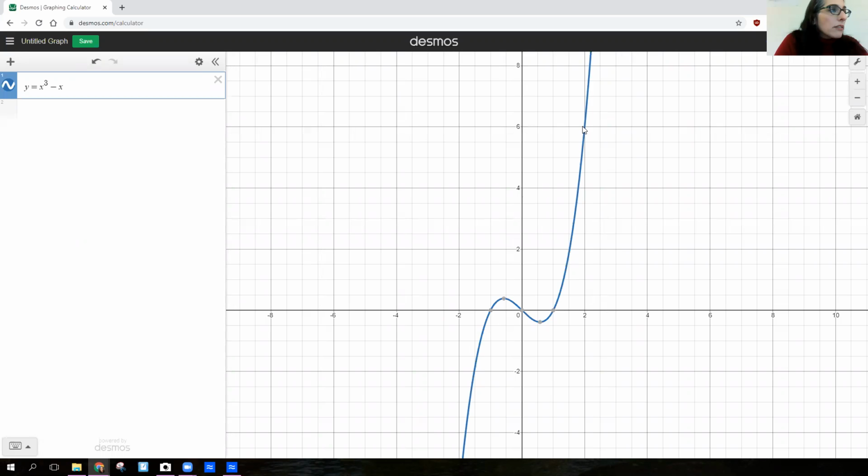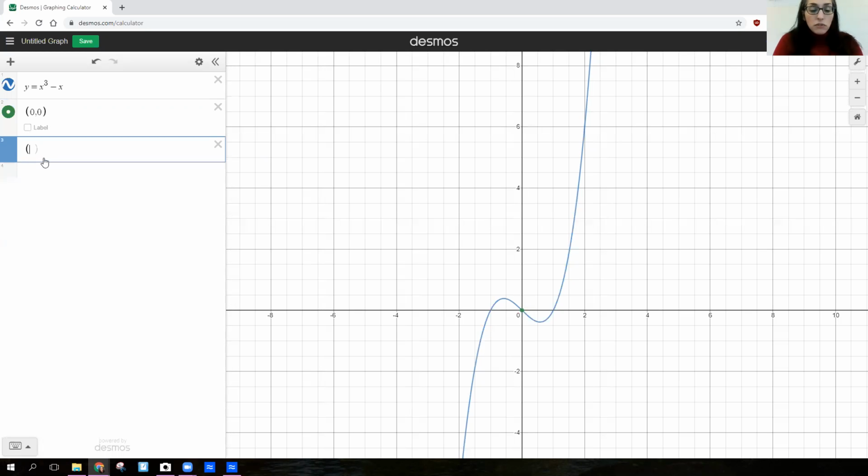All right. So if I plot 0, 0, that was one of our points. And I plot 2, 6. Okay, so you've got the purple point, you've got the green point.